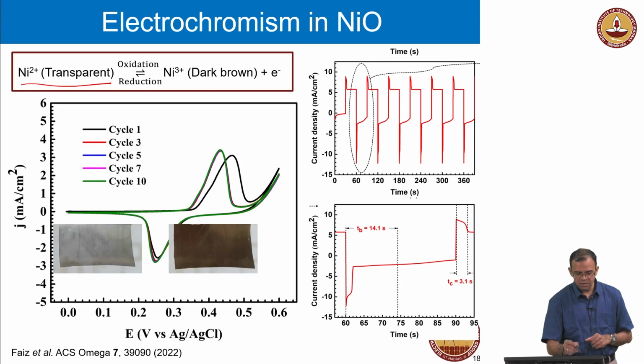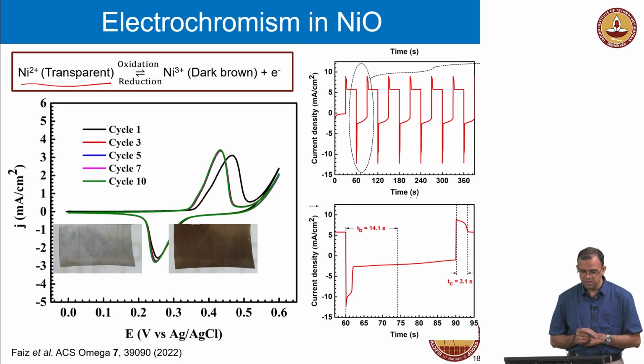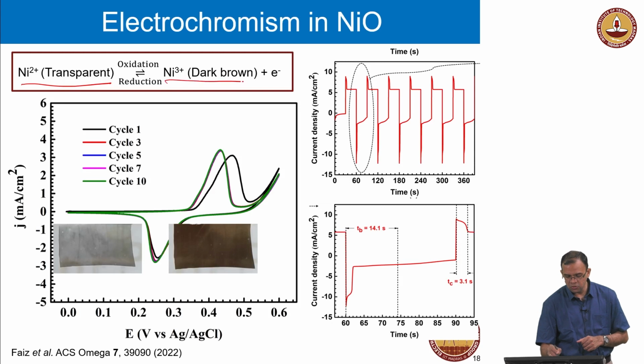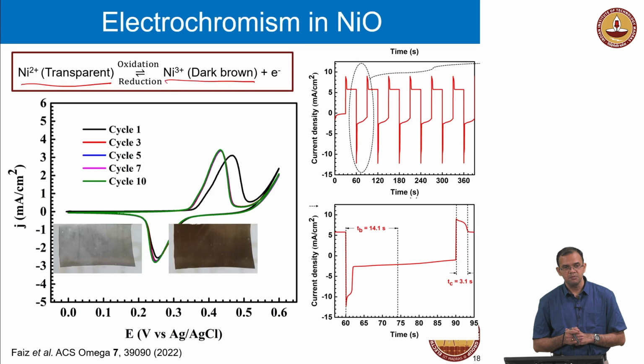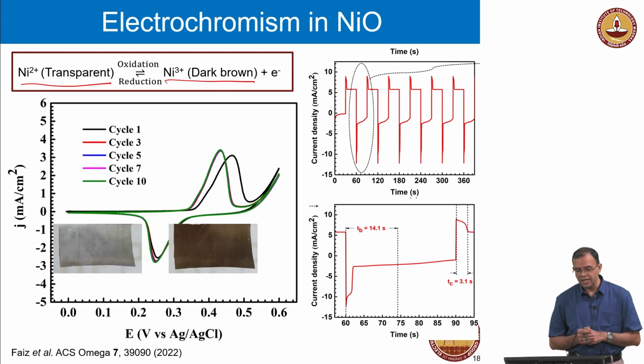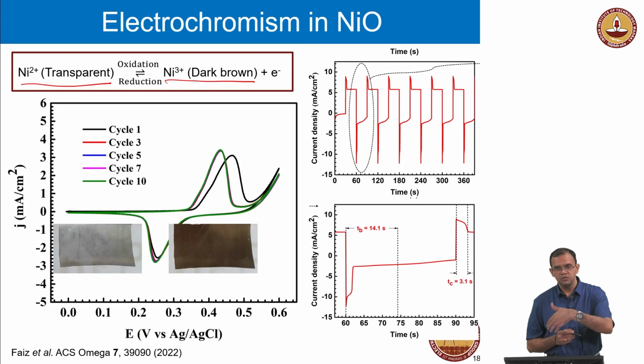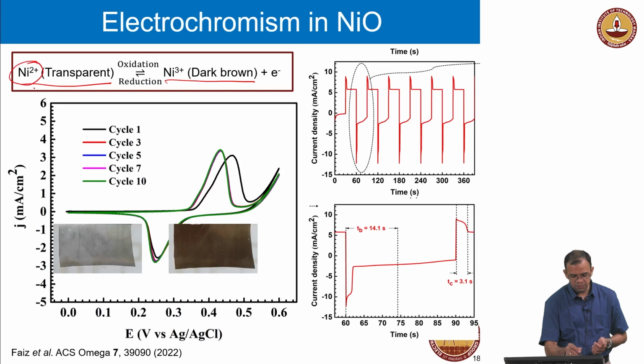So we have nickel 2+ that's transparent. From there we go to nickel 3+, which is a dark brown state. So now we are going from a transparent state to a colored state by changing the oxidation from +2 to +3.